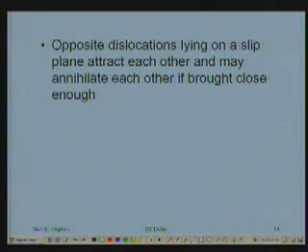Next, we find the characteristics. The opposite dislocations lying on a slip plane attract each other and may annihilate each other if brought close enough. I'll just demonstrate this. So this is my slip plane. On this slip plane, let me have this as one dislocation line.